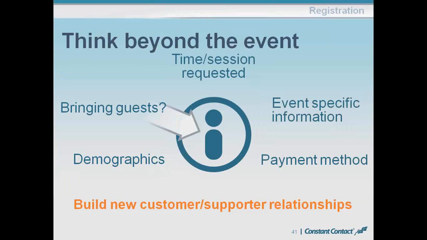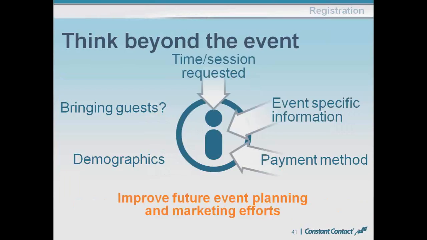Getting a sense of guests that are coming to an event might help you decide how to approach that audience at your event as you start to build a relationship with them. Other information you collect will similarly improve your future planning efforts. For example, learning how they heard about the event, members, past attendees, etc., will help you know where to promote your next event to maximize registration. So in short, you'll be better able to develop and market your events in the future.